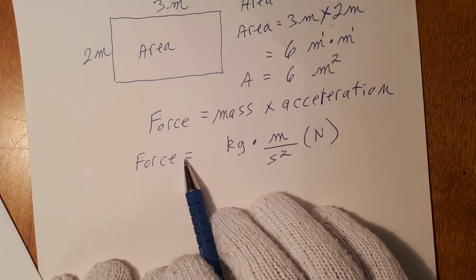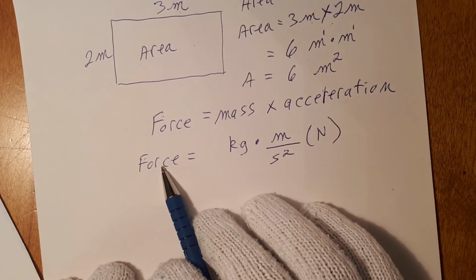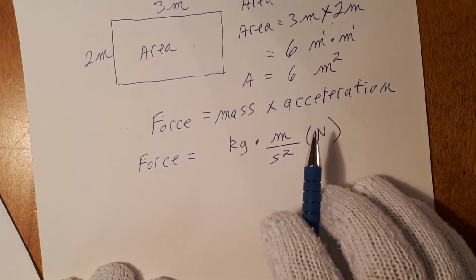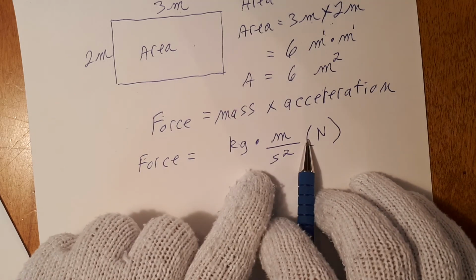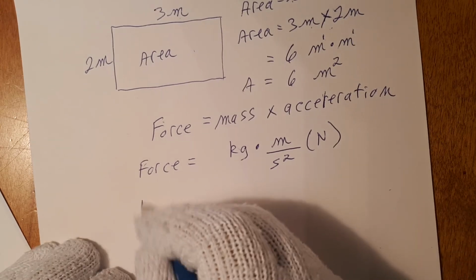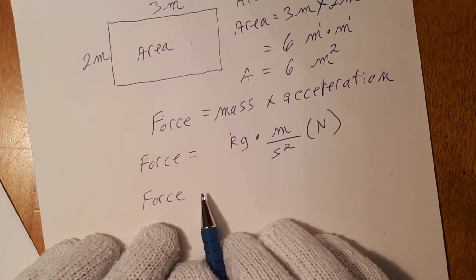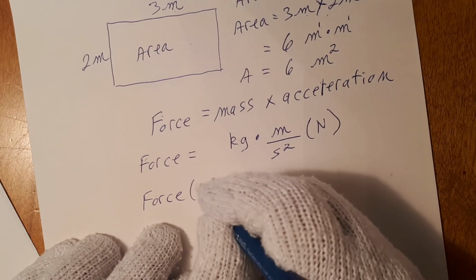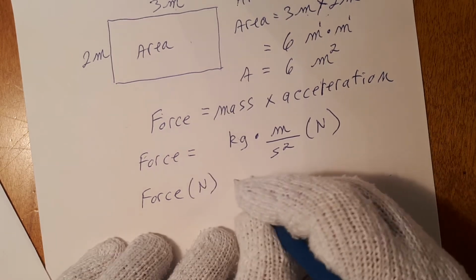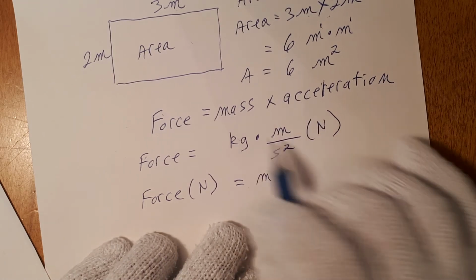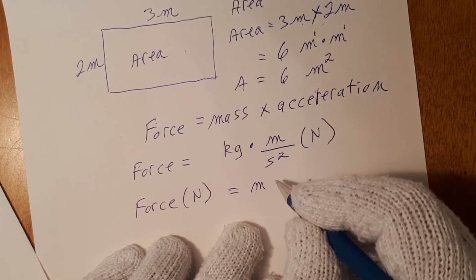Because this is an equality, force must also have the units of Newton, because whatever's on the left-hand side has to be equal to what's on the right-hand side, and that applies to units. We'll do Newton's second law of motion later on. Force has the units of newtons, is equal to whatever the value is here, and I'm just going to rewrite mass times acceleration.